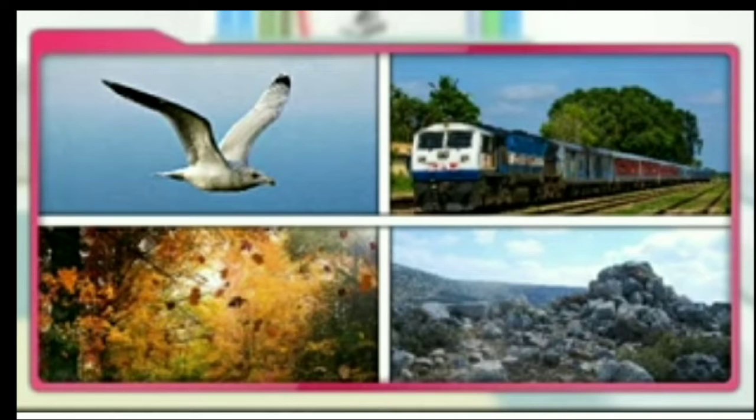In the second picture, there is a stationary train. That means a train is not moving. The third picture says leaves flying through air. And the fourth one, a stone lying on a hill. Now, how will you explain the presence and absence of motion?